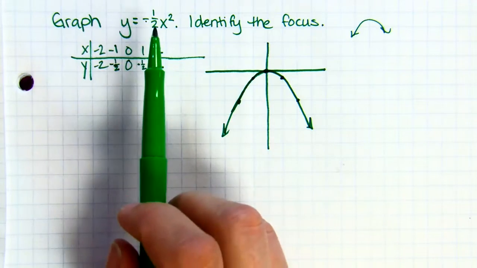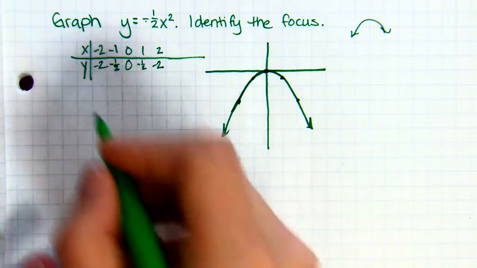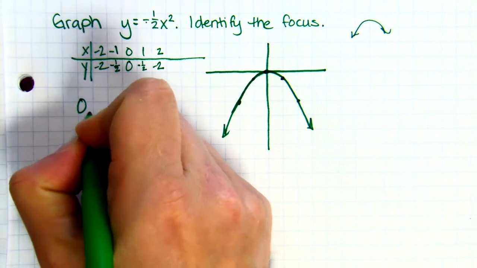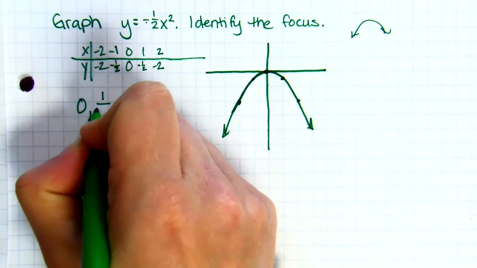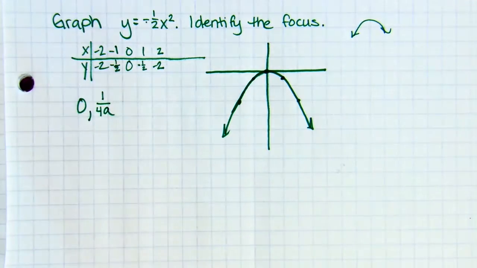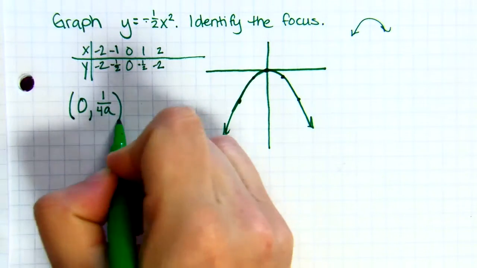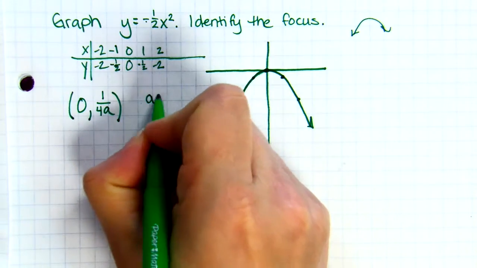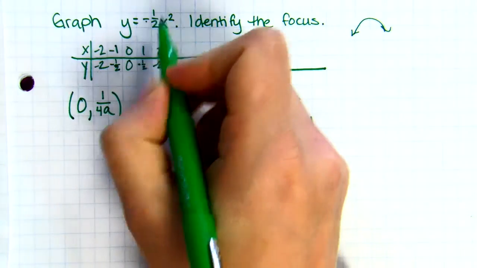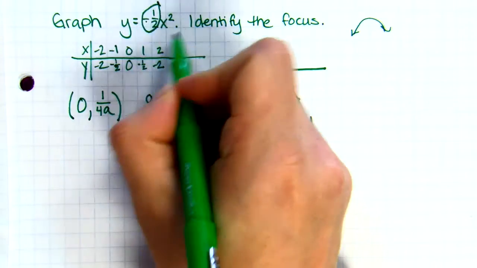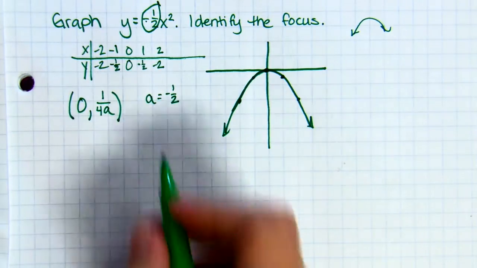So I did my graph. Now I need to identify the focus. Remember, the focus has the coordinates 0, 1 over 4a. A, in this case, is -1/2. That's the coefficient on my function.